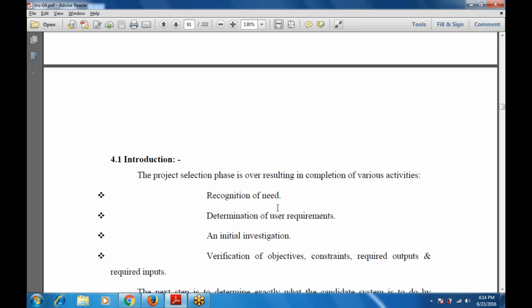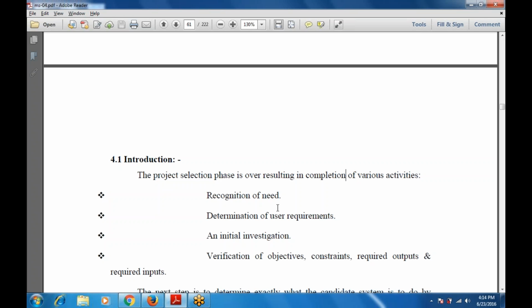The first one is the recognition of the need. If there is a need, the main question is why the user demands it. Recognition of need means identifying the needs, then determination of the user requirements, then the initial investigation, that is the starting investigation.